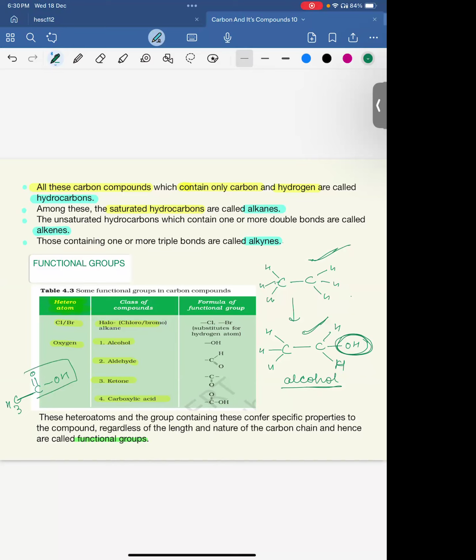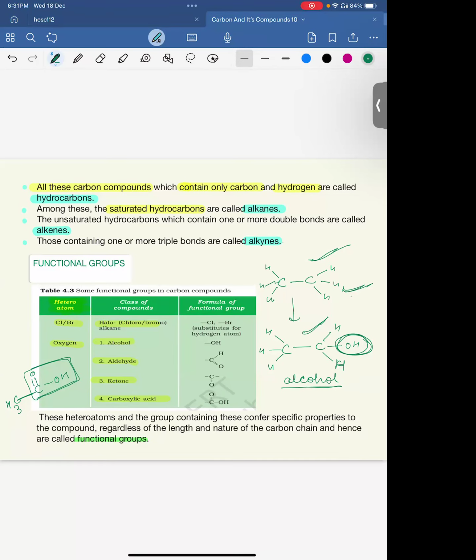If this group is present, the name itself says it's an acid. How did we come to know that it is an acid? It's an acid because this is the function of that compound. This is the property of that compound. It has that functional group, that is COOH. That's why we are calling it acid. We can't call the other compound an acid, right?